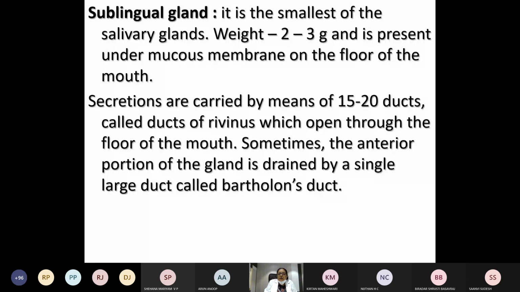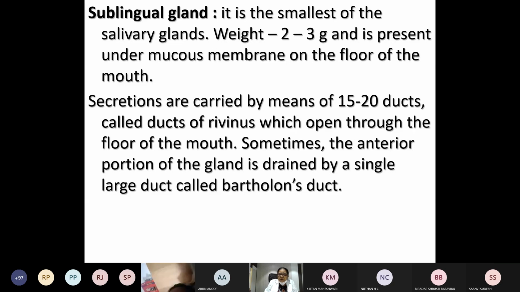It is present under the mucous membrane on the floor of the mouth. The secretions are carried by 15 to 20 ducts called ducts of Rivinus, which open through the floor of the mouth.